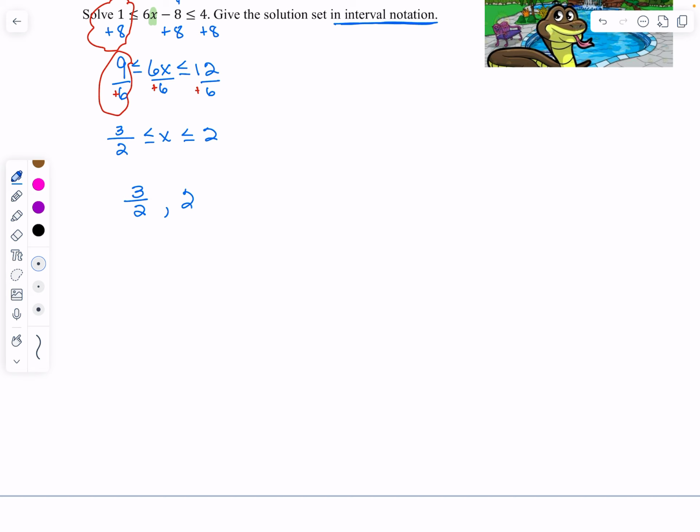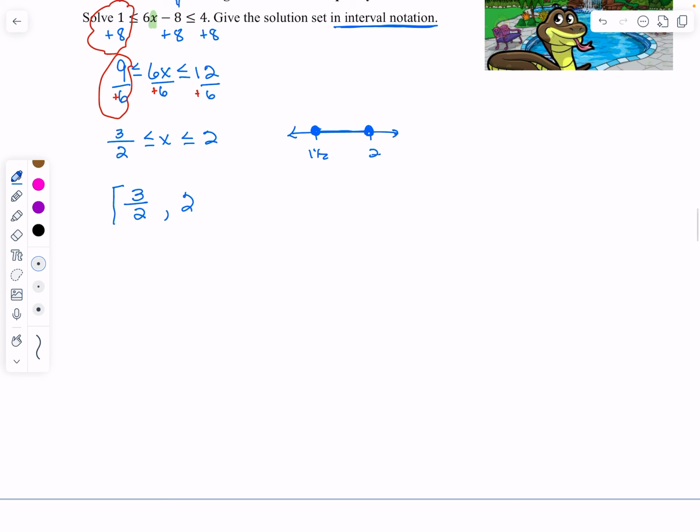I'm writing it in interval notation. If it helps you to graph it, there's 2, 3/2 is like 1 and 1/2. So the graph would look like this, right? But that just means my 3/2 is going to have a bracket because it has an equal mark, and my 2 has a bracket. So that's my answer in interval notation.